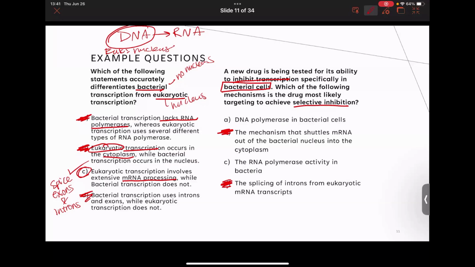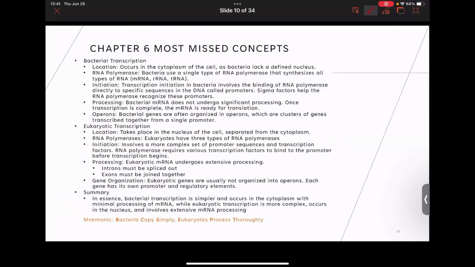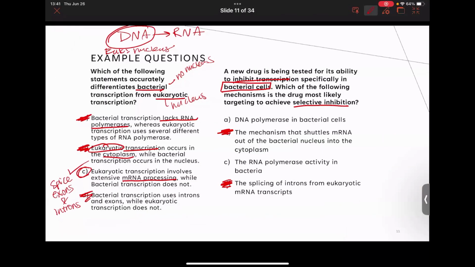So now we have the difference between DNA polymerase in bacterial cells or the RNA polymerase in bacteria. If we're worrying about transcription, we're not worrying about replication. DNA polymerase is for replication. And so now this brings us to a default of the RNA polymerase activity in bacteria.